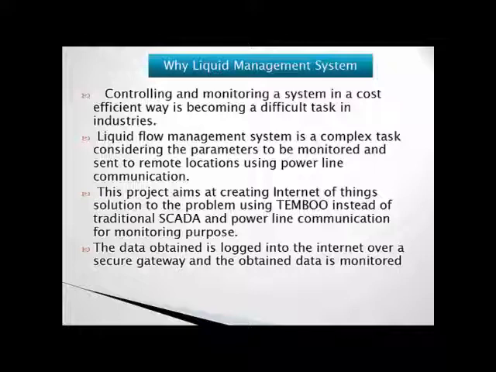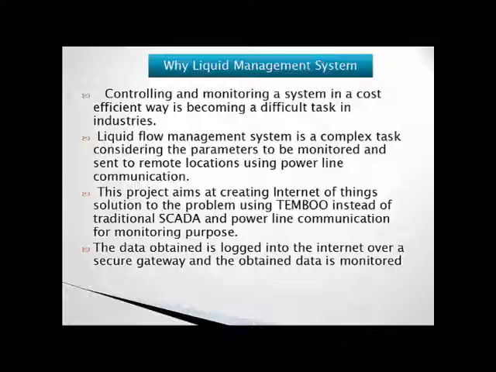So why liquid management system? The task of monitoring and controlling a system, especially a liquid flow system, is a complex task considering the amount of parameters to be monitored such as temperature, flow, pressure, etc. This project aims at creating an Internet of Things based solution to solve the problem using a Tembo based interface instead of a traditional SCADA.